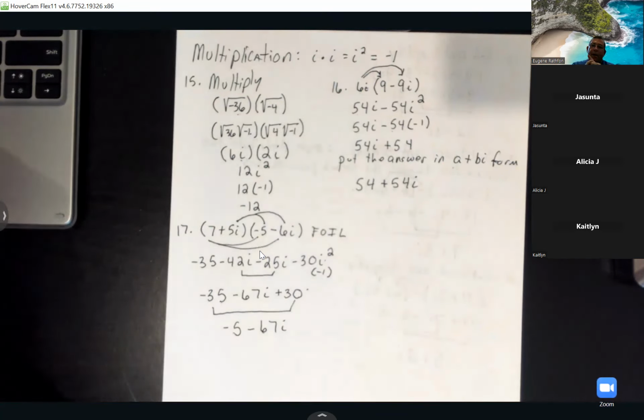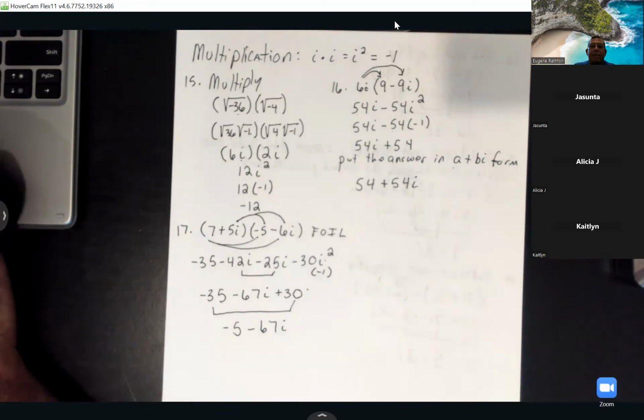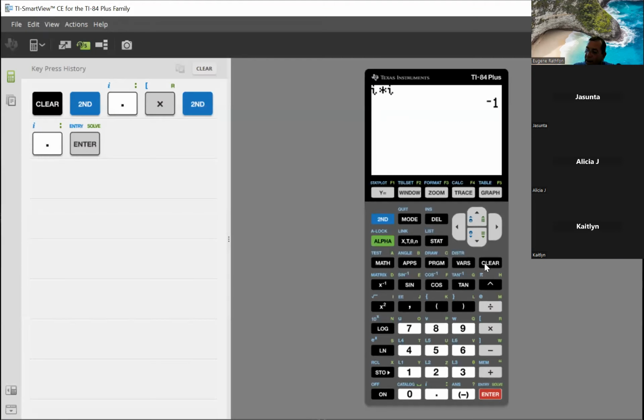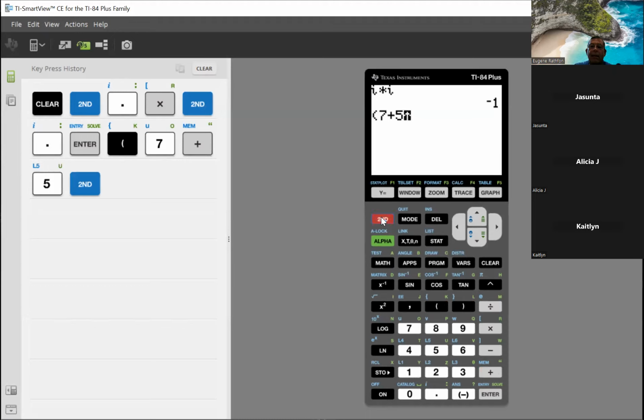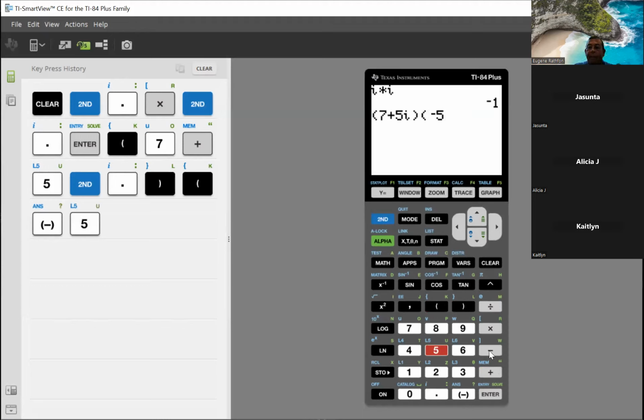And y'all remember, we can knock that out on the calculator. So let's go see what we can do on it. All right, so I had parentheses 7 plus 5i. So I want to hit my second decimal for the I. Close parentheses, open parentheses. I had a negative 5 minus 6i.